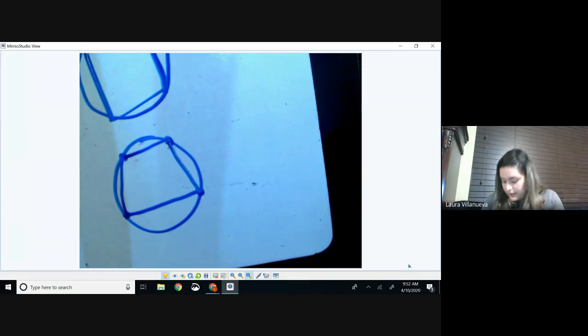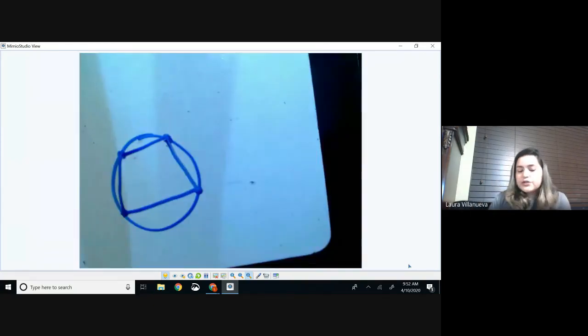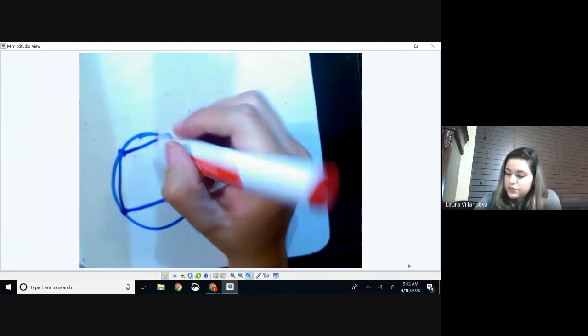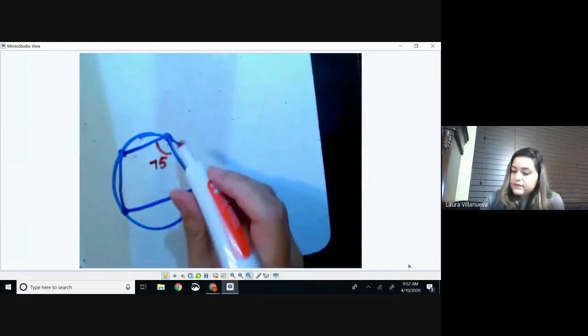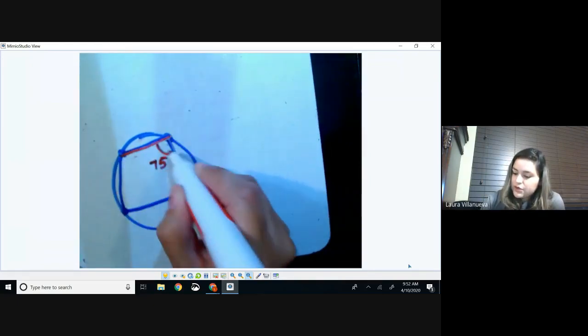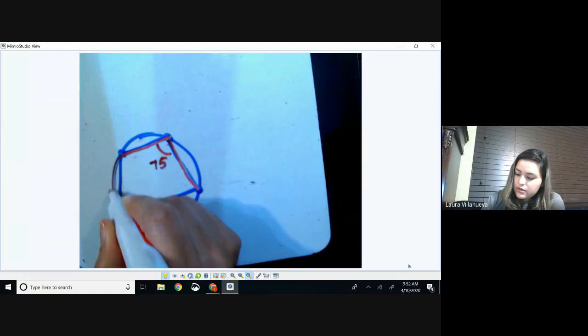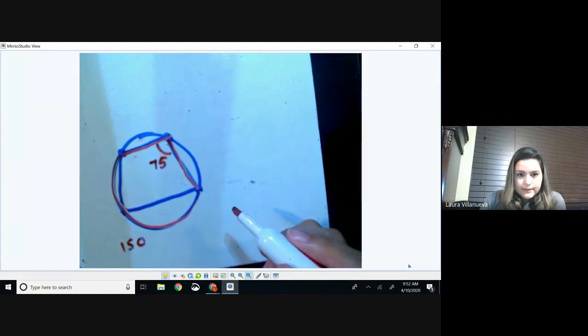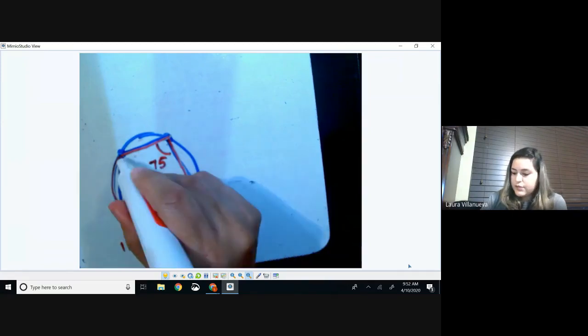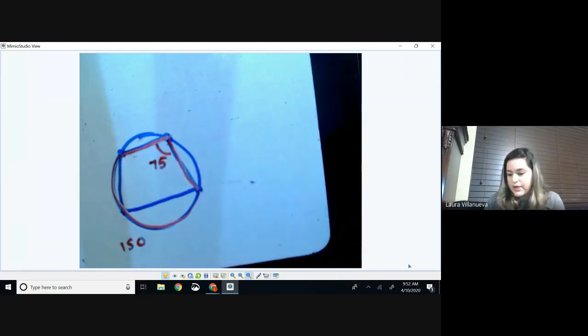Okay? Now, if they give you something like this, I want you to ignore all the other extra lines, because you can get this one. This is 75. Then this arc, this big arc, is 150. Okay? And that's pretty much it for the quadrilaterals.